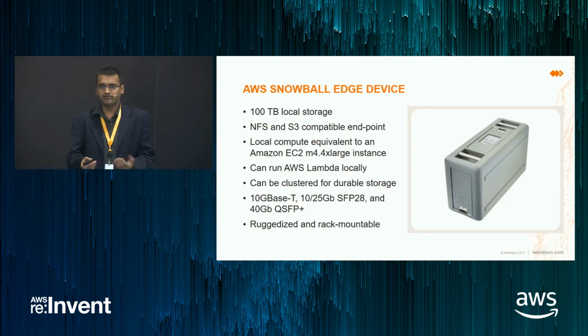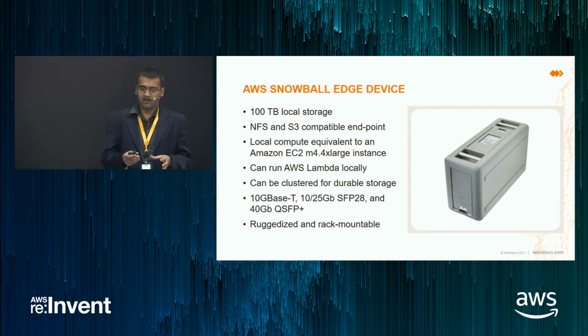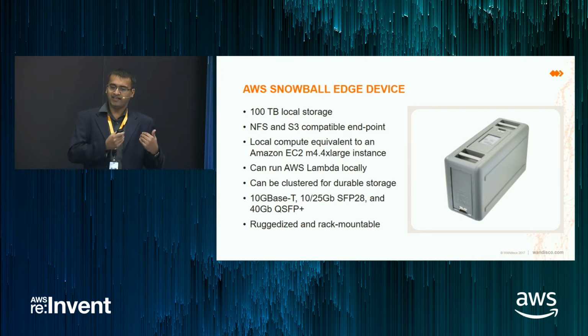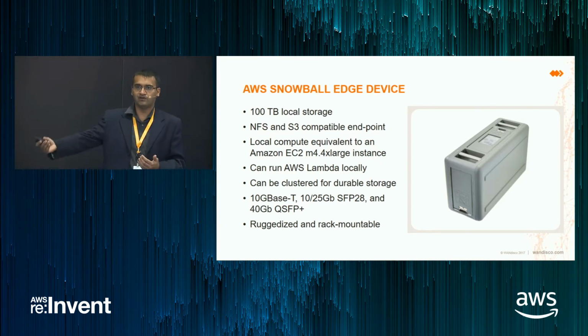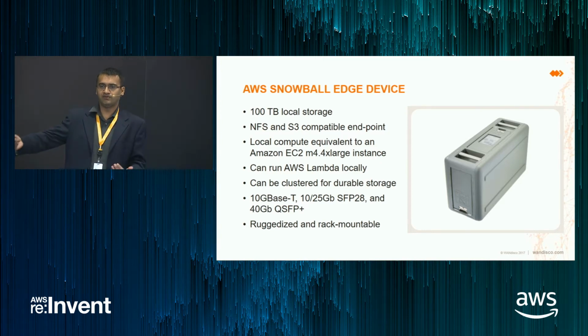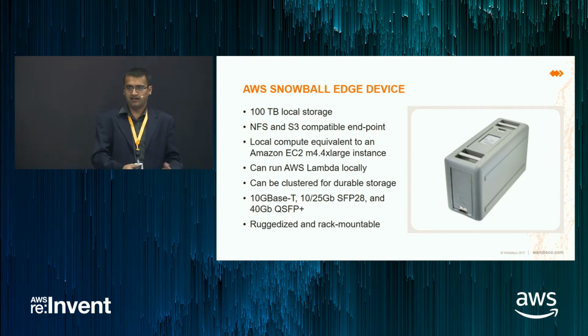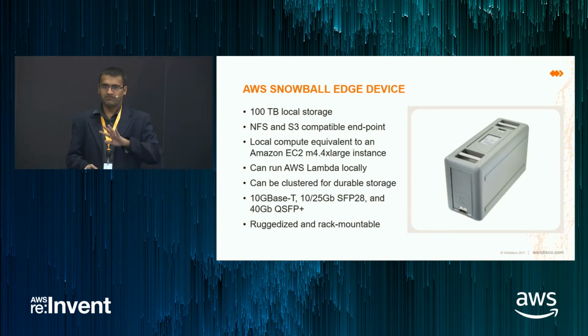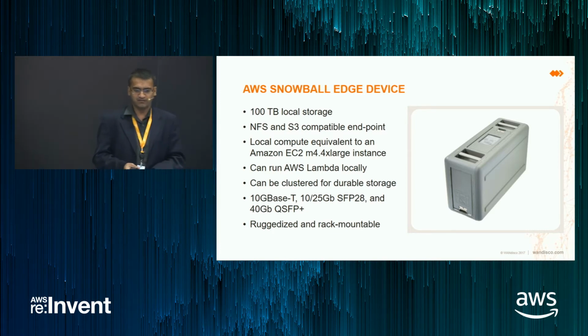And this is very powerful because now you can actually point your S3 applications and use the same S3 SDK against the device instead of the cloud. So even if you don't have connection to AWS, this can act like a mini S3 in your on-premises with a limited subset of functionality.